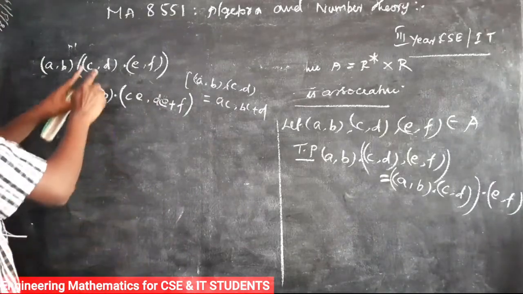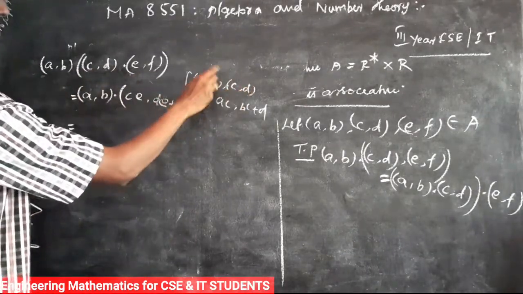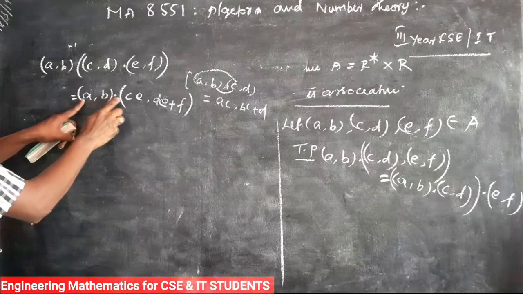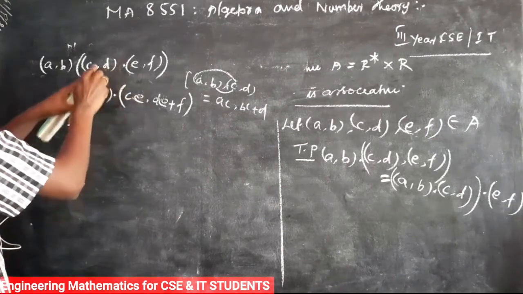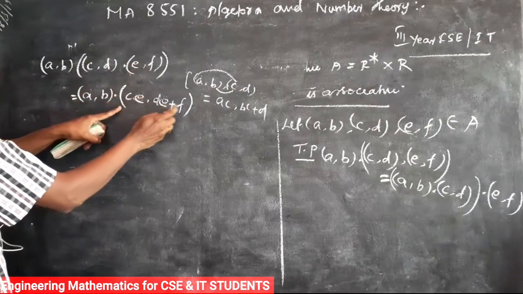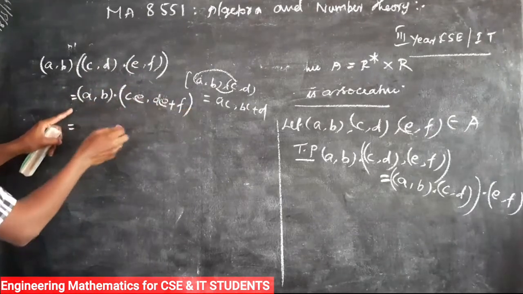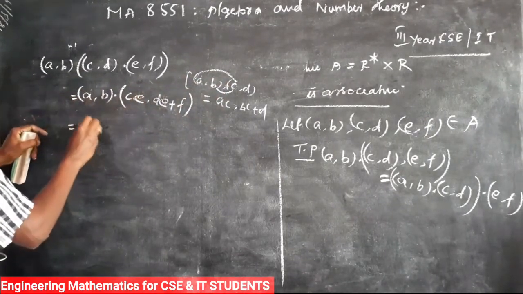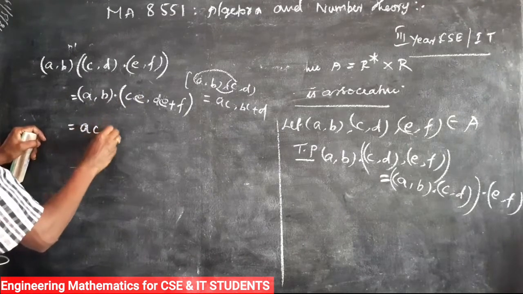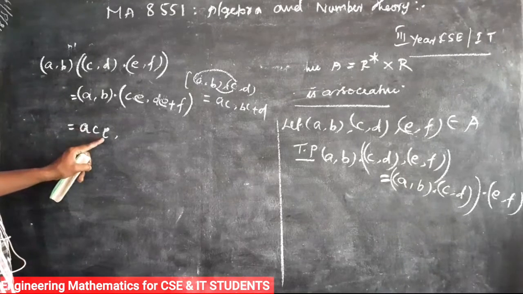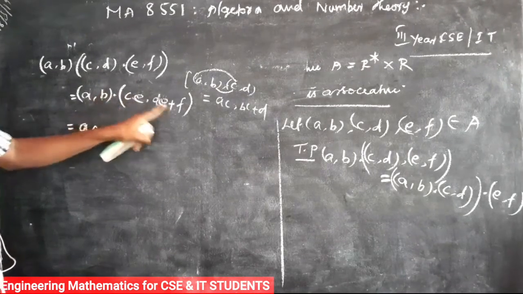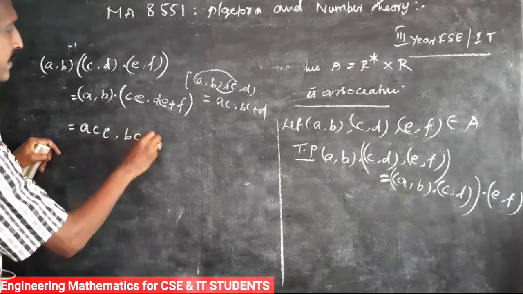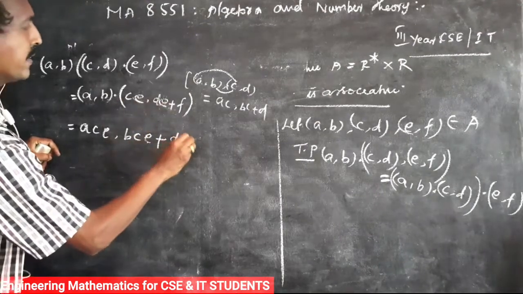Applying the same procedure, (A, B) dot (CE, DE plus F) equals (ACE, BCE plus DE plus F).